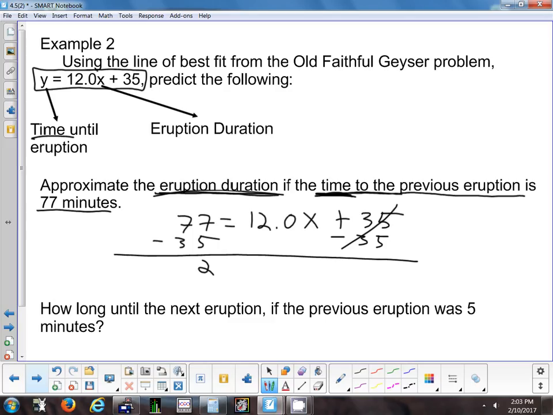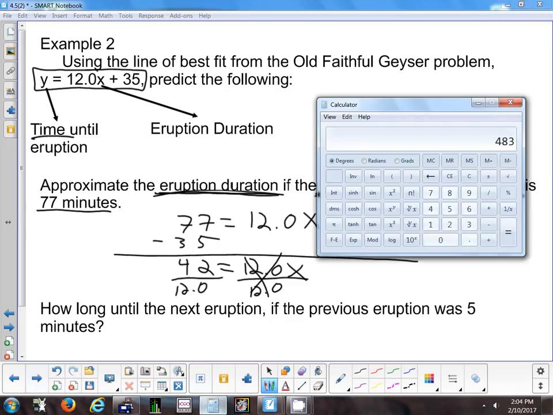And 7 minus 3 gives me 4. And now my last step. How do we move that 12 onto the other side? Divide by 12, divide by 12. And now whatever 42 divided by 12 is, that's a prediction for how long the next eruption will last.